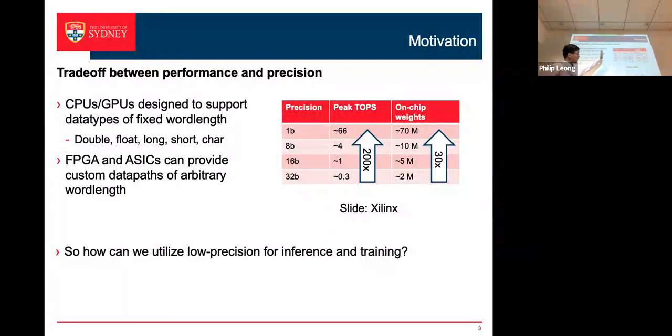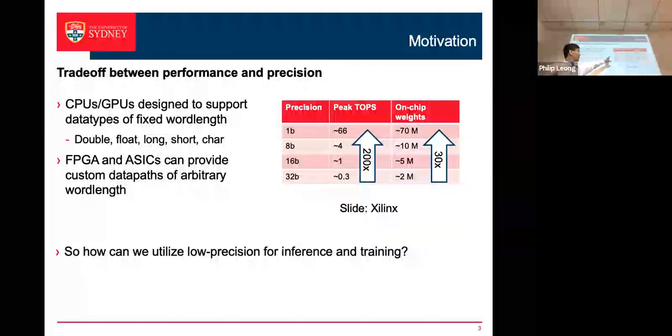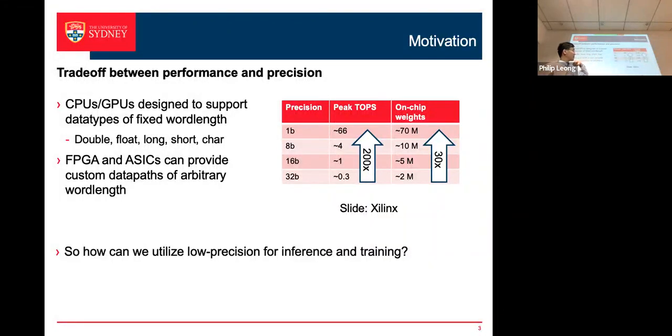As you reduce the precision, the peak performance that you can achieve per given area improves, and the number of weights that you can store on device improves.